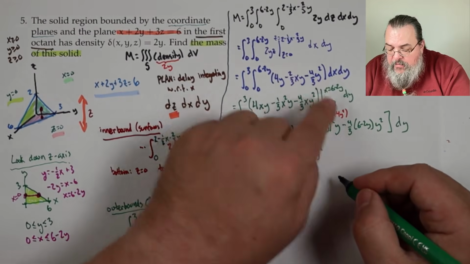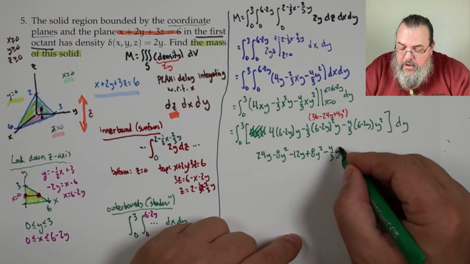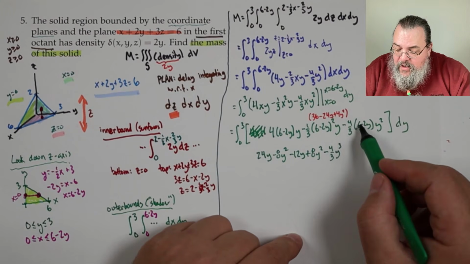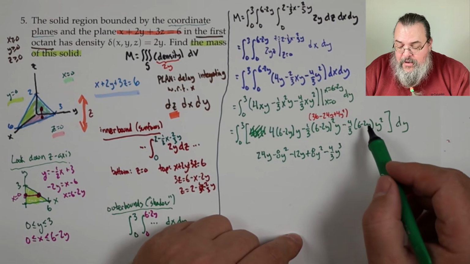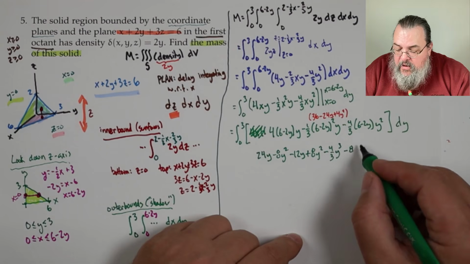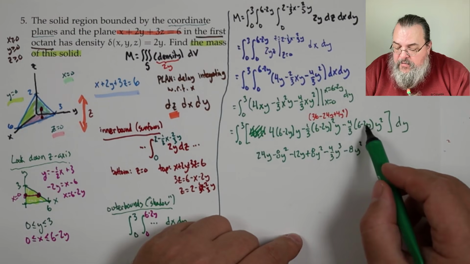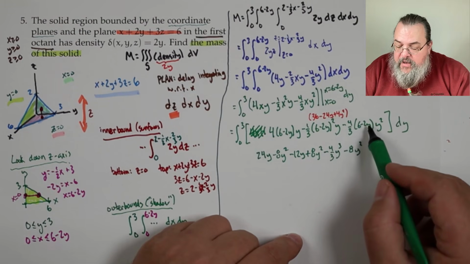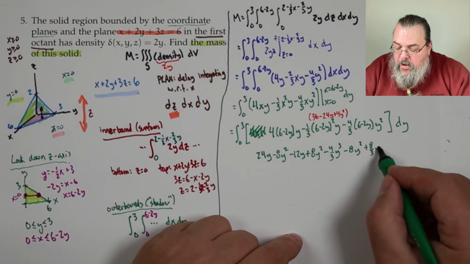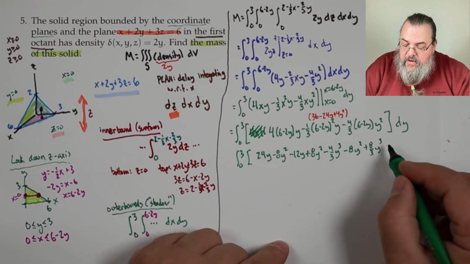Minus 1/3 times 4y squared times y is minus 4/3 y cubed. Then minus 4/3 times 6 times y squared. Well, 3 goes into 6, so that's really a minus 8 y squared. And here we get minus 4/3 times negative 2, that's a plus 8/3, and then a y and a y squared, y cubed. Okay, so that's what we have there.